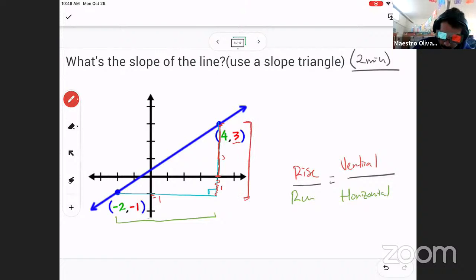What's going to be my entire vertical distance? That's 4, because you essentially add the two distances. You add the 3 and the 1. So you get 4.